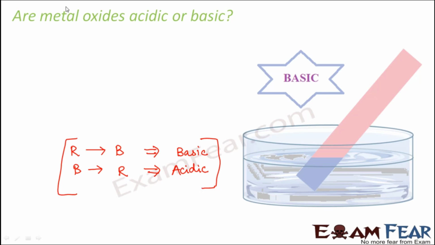Now in this section, our aim is to find out whether metal oxides are acidic or basic. How do we do that? First of all, we have to prepare a solution of metal oxide, that means we have to combine the metal oxide with water. Let us take the example of magnesium oxide.